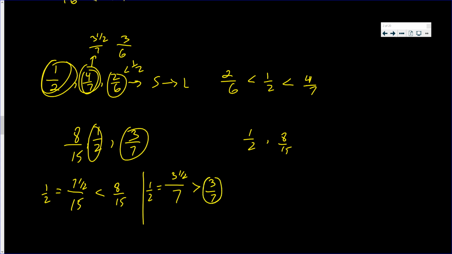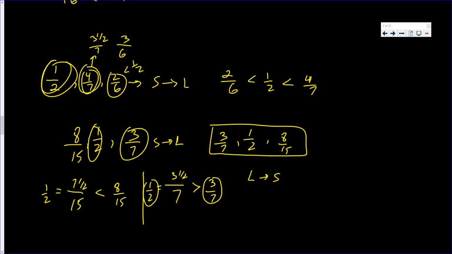That is 3/7 is smaller than a half. And there it is, from smallest to largest. For the record, if you were asked to write it from largest to smallest, just reverse the order. Say 8/15, 1/2, 3/7.